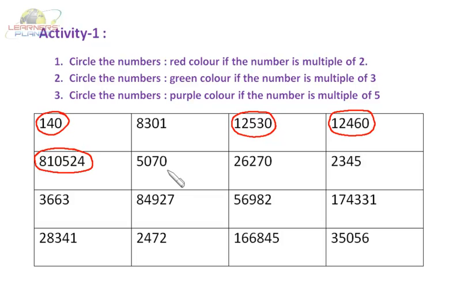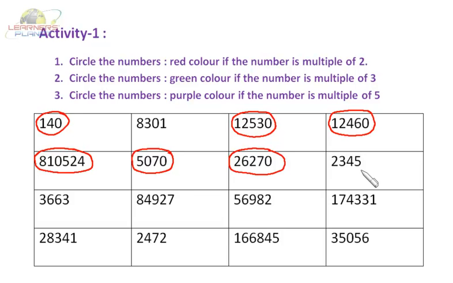Even this number, the unit digit is 0, so it will also be a multiple of 2. This number will also be a multiple of 2 since the unit digit is 0. Now, this number, the unit digit is an odd number, that is 5.